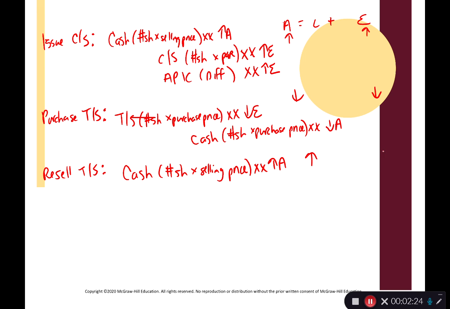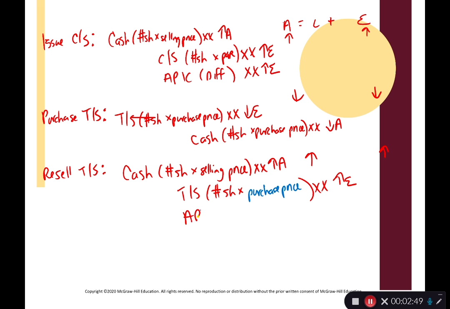Assets are going to go up and equity is going to go back up. And we're going to credit treasury stock for the number of shares times, and I'm going to change the color because of the importance, the purchase price, which makes equity go back up.